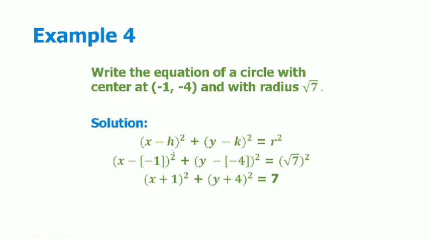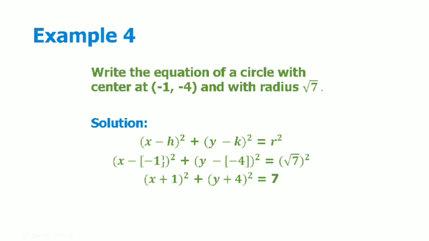Substituting the value of h, which is -1, we have now (x minus -1) squared. And then we have the value of k, which is -4. So we have (y minus -4), quantity squared. And then, since the value of the radius is square root of 7, we will square the square root of 7. And this becomes 7.